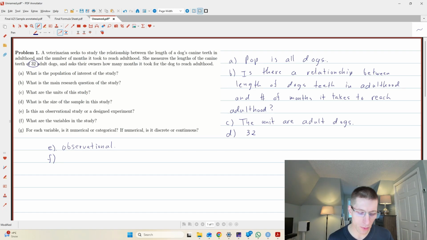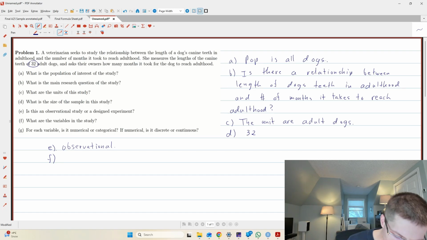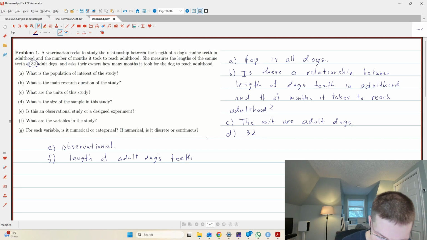F, what are the variables in the study? There are two variables. One is the length of the adult dog's teeth, and the other variable is how many months it took to reach adulthood.